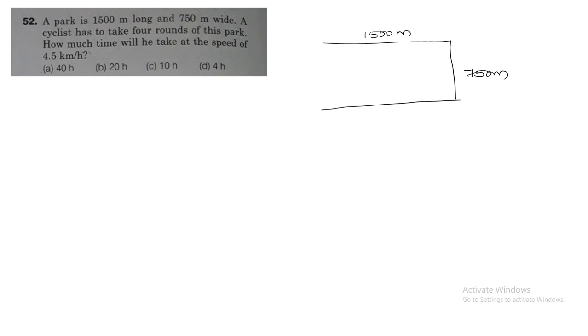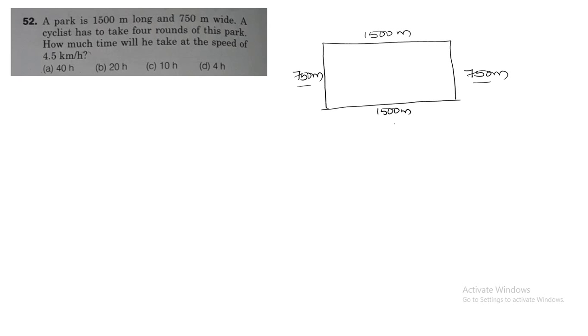So there is a park in the shape of a rectangle. In a rectangle, what do we know? Opposite sides are equal. So if this is 1500, this is also 1500. If this is 750, this is also 750. Now how much time will it take at a speed of 4.5 kilometers per hour?